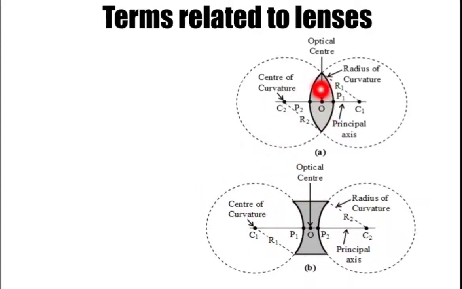Now you can see these are the centers of these spheres, which is also known as the center of curvature. So remember, this is the C1 point which is the center of curvature of this sphere, and this is the C2 point which is the center of curvature of this sphere. Similarly here also you can find this is the C1 and this is the C2, which are the centers of curvature of these two spheres. So the first term you have to remember is the center of curvature.